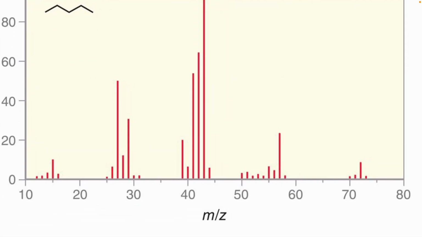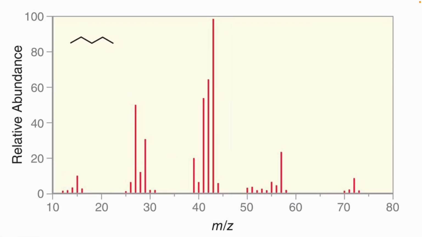So let's look at pentane, for example. Where is my molecular ion in this spectrum? The molecular ion is all the way down at the large end of the spectrum here, right? It's actually quite small. There is not very much intact pentane that makes it to the end of this detector.